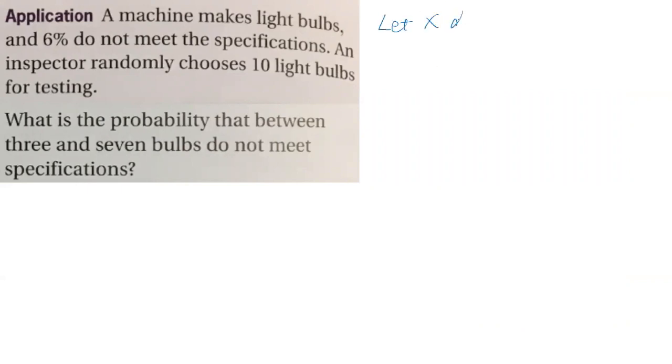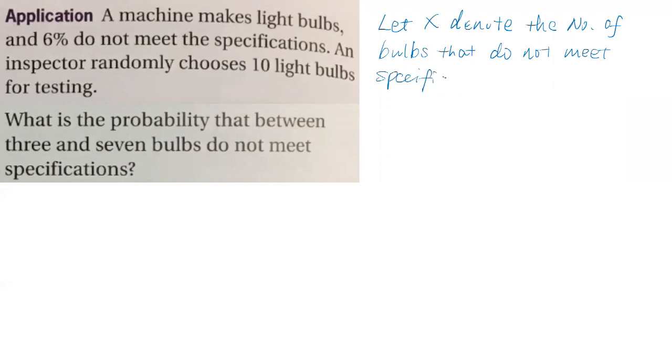Let x denote the number of bulbs that do not meet specifications in the chosen 10.